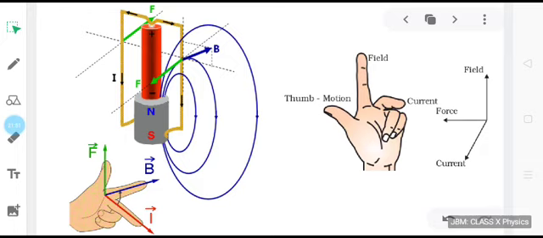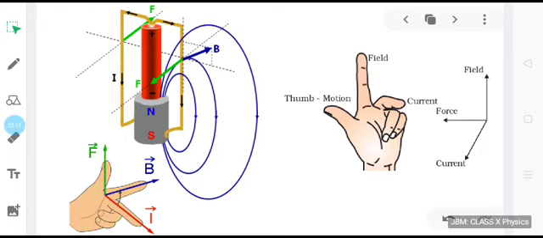You can see that with the help of three fingers of the left hand, three different directions have been shown. Refer to the picture in which the fingers are showing three different directions, and the adjoining picture in which the direction of field, current and force has been shown.